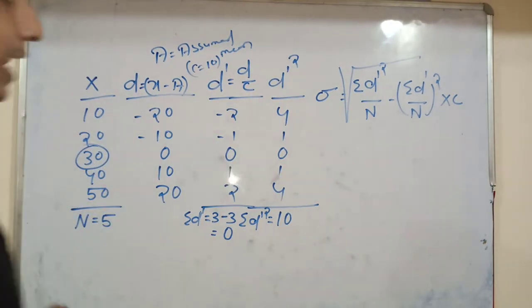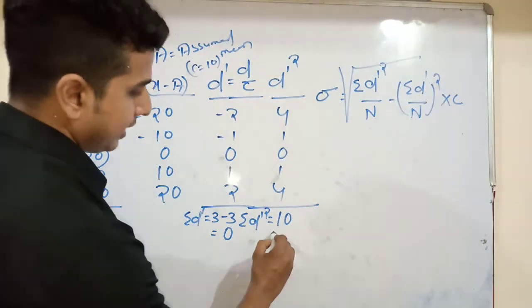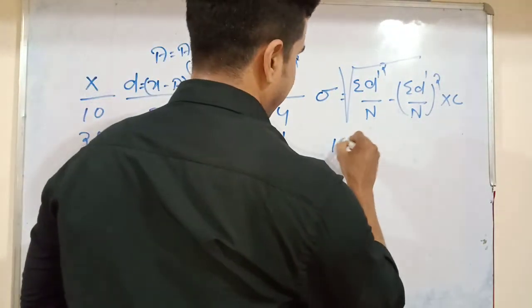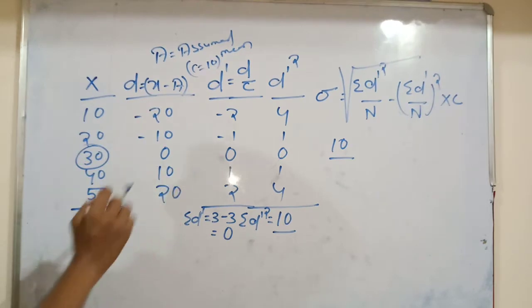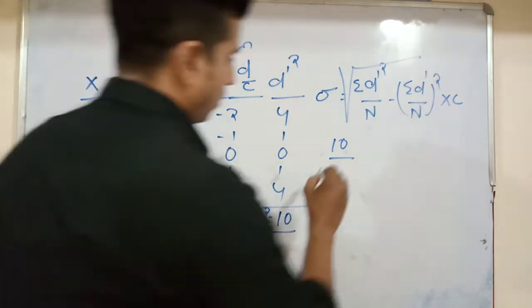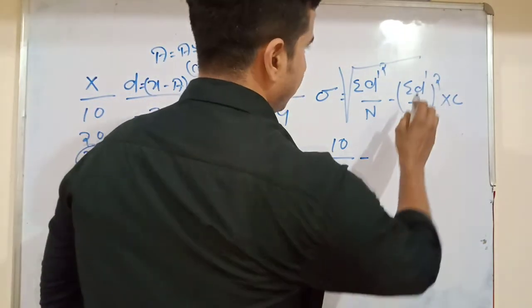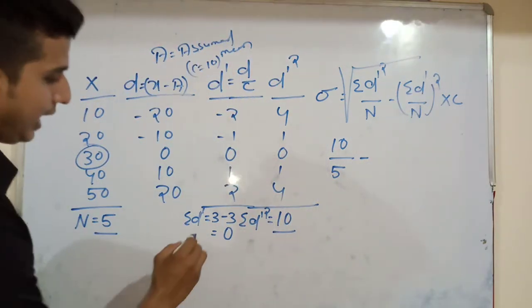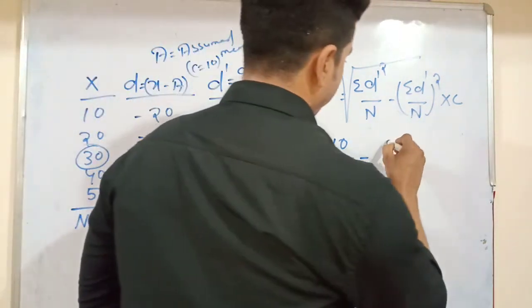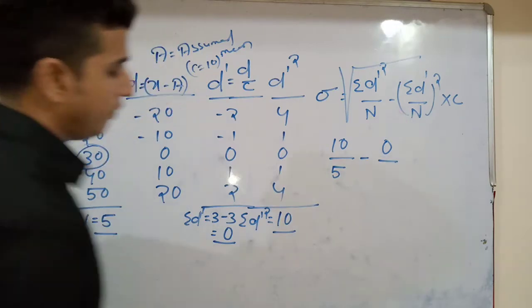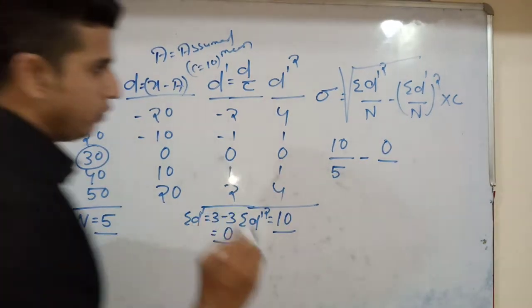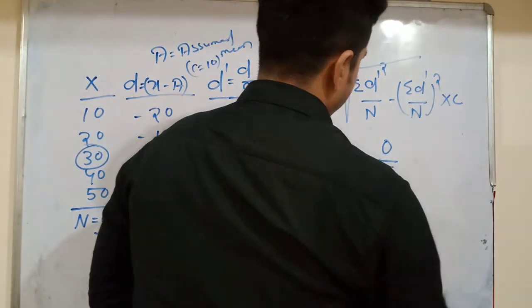The value of the summation D dash square is 10. So 10 divided by 5, the value of n is equal to 5, minus summation D dash, whose value is 0. So we put 0 here, and the value of n is equal to 5.